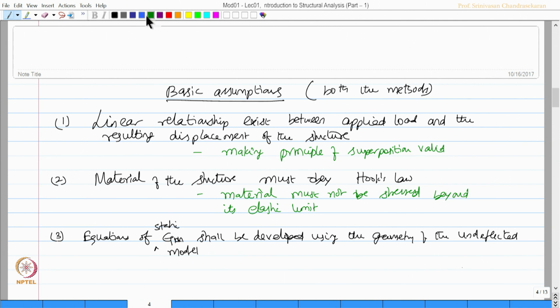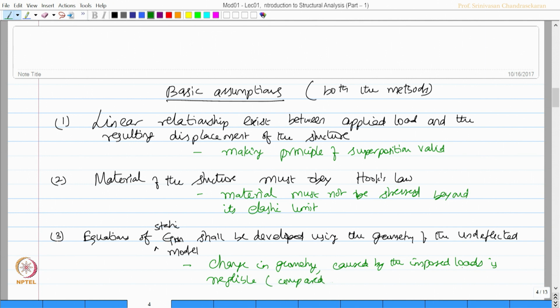Now, this again has a secondary statement saying that change in geometry caused by the imposed loads is negligible when compared to original geometry.